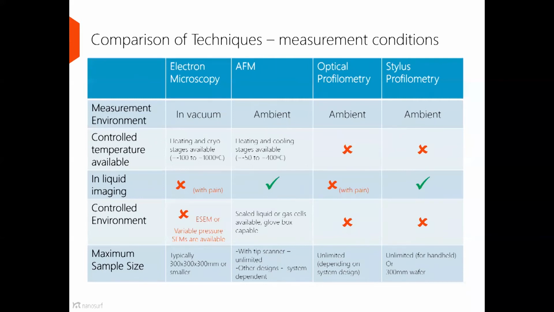Or if we're using a tip scanning AFM, I mean, you could put the AFM on an airplane wing and measure the roughness there. Optical profilometers, again, if it's a desktop system, it may be a sample that's a few centimeters in diameter, or there are certainly handheld or large format systems that can measure very large objects as well. And stylus kind of follows along in that same vein.